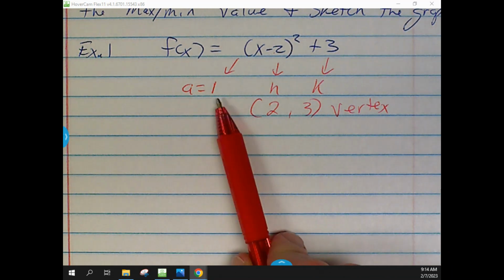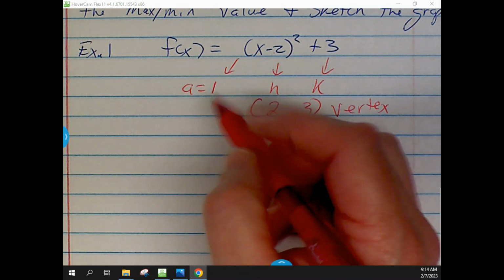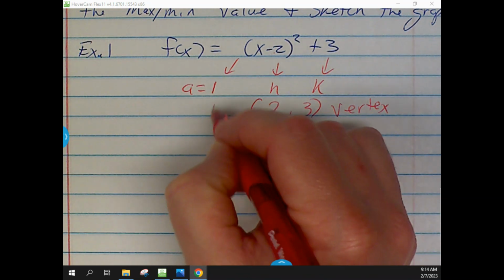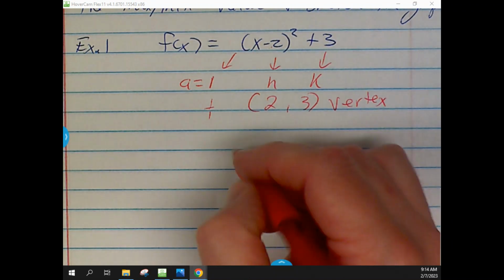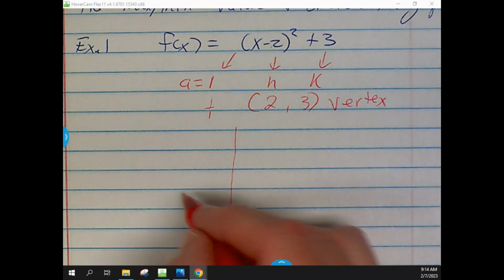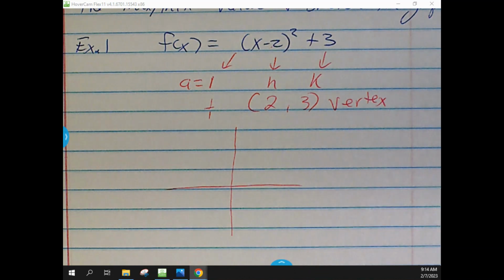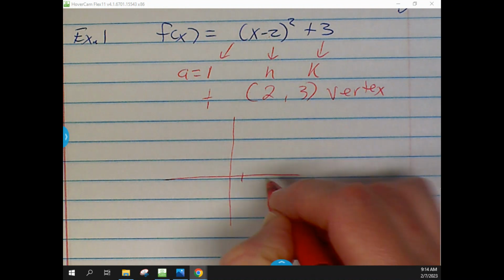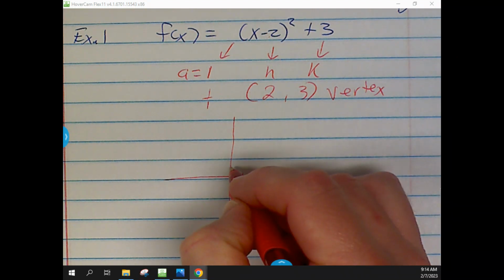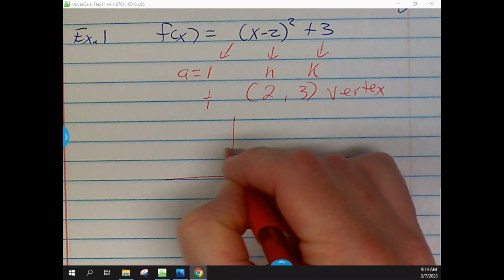All right, now, is it okay that the a value is a whole number? Again, if that's a whole number, you can treat this like slope, so that's 1 over 1. So when we're graphing this thing, you don't have to make it a perfect graph, just as long as you've got a fairly straight line here. We're going to go over 1, 2, then up 1, 2, 3.